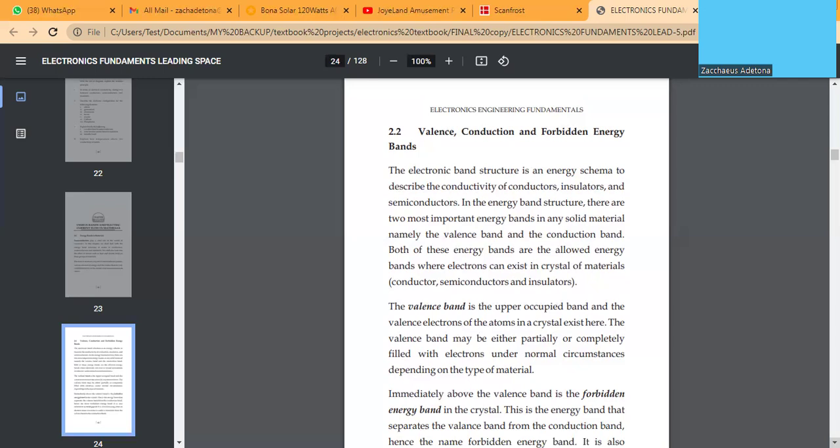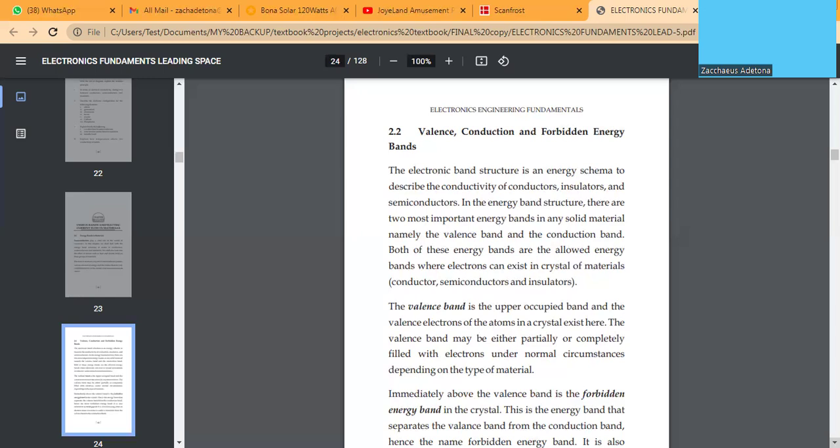In solid materials, these two bands are very important. In between them is the forbidden energy band that separates them, especially in semiconductors and insulators.